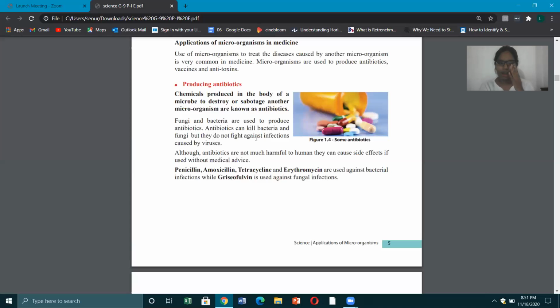Not all antibiotics are harmless to humans. They can cause side effects if used without medical advice. That is why we are always advised to use the antibiotics prescribed by a clinical doctor. Okay, just imagine I have a very big stomach ache, and my friend is also suffering from a stomach ache.